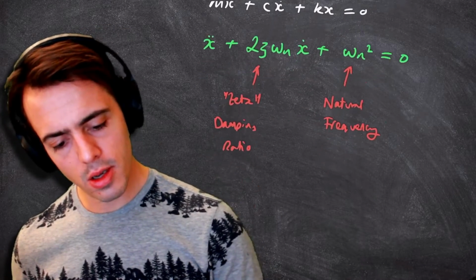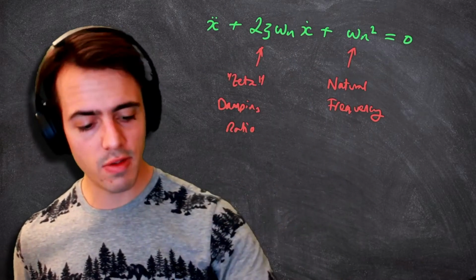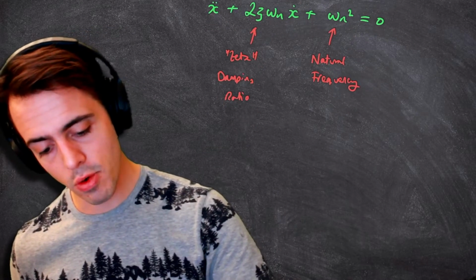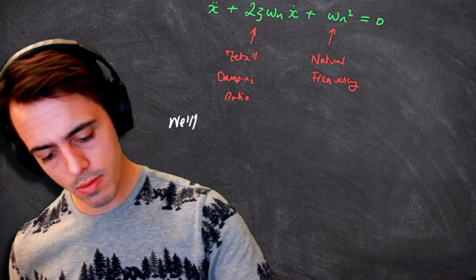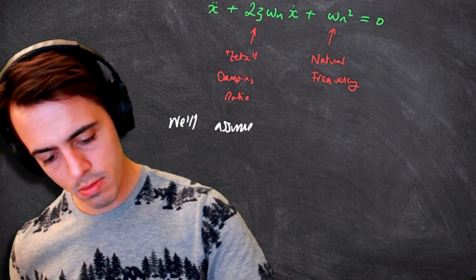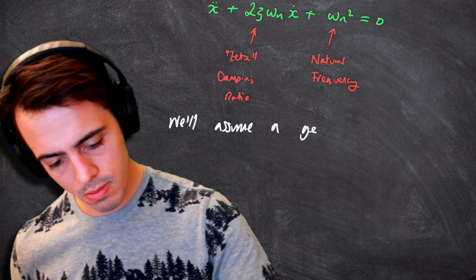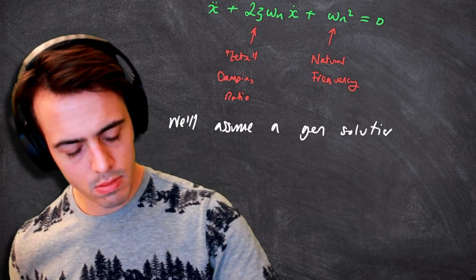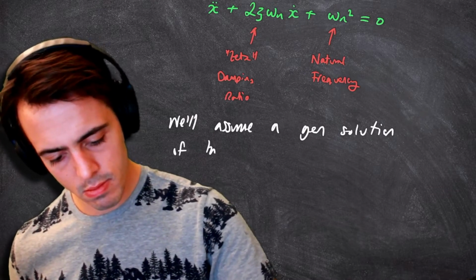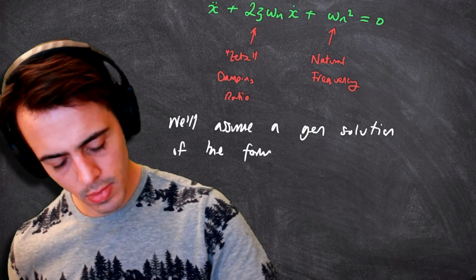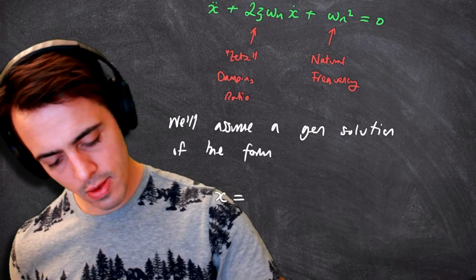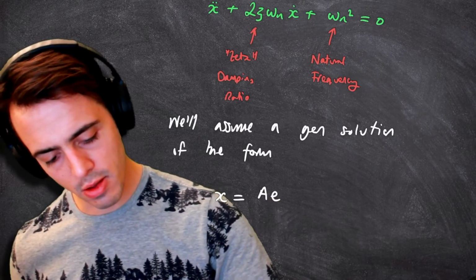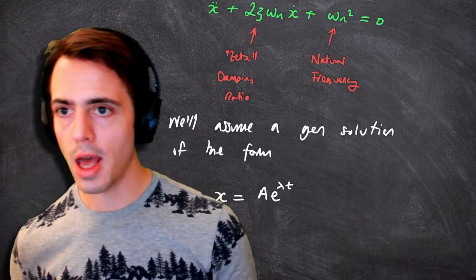So hopefully you would have gone through a solution of this in the past, and you would have said, okay, we're going to assume our solution is of the form x is equal to A, just some constant multiplied by the exponential e to the lambda t.